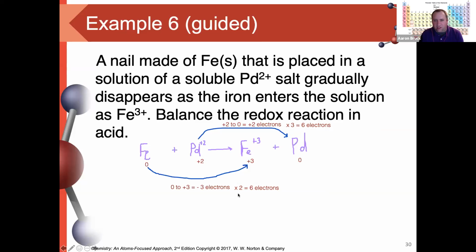And these multipliers are going to become our coefficients in the equation. So the iron gets a 2 here and a 2 here, and the palladium gets a 3 here and a 3 there.